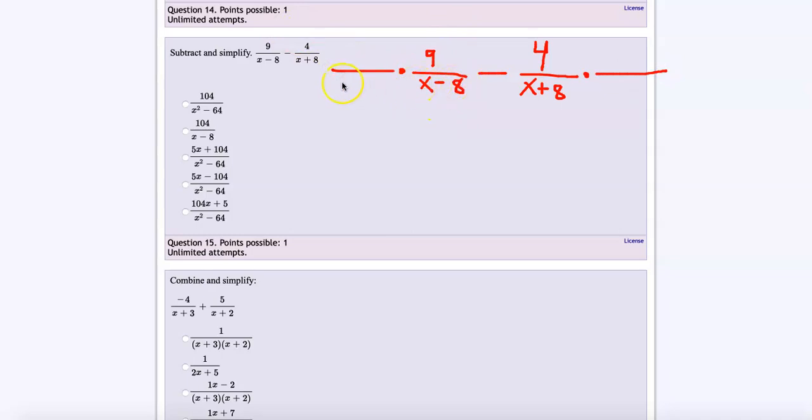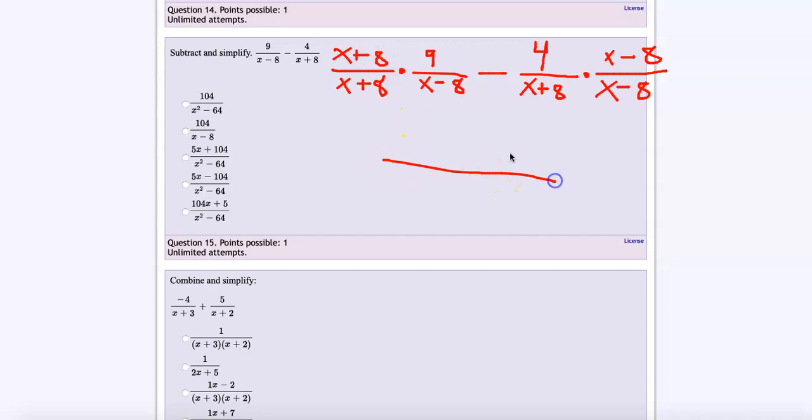So this denominator needs to become x plus 8, x minus 8. This denominator also needs to be x plus 8, x minus 8. Whatever I multiply in the denominator, I also have to multiply in the numerator to make it legal. So what does that give me now?